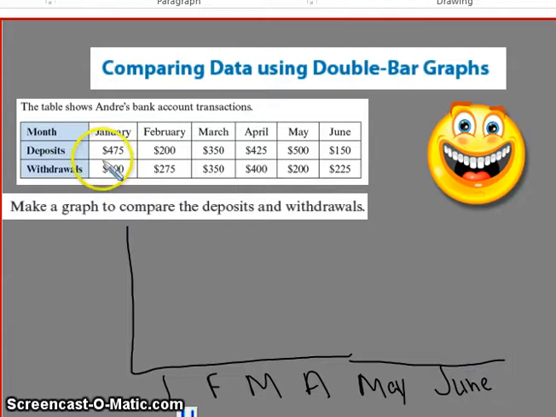Alright, now I need a different bar for deposits than I have for withdrawals. So I'm going to color in deposits and I'm going to make withdrawals clear. Now I need a scale for each of these. So see how the numbers vary from 100 to, let's see, what's the biggest one? About 475, oh no, 500. Okay, so I'm going to make each of these marks 100. So this is going to be 100, 200, 300, 400, and 500.